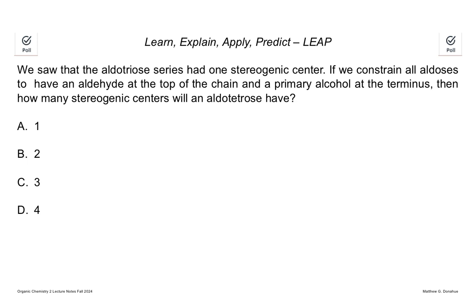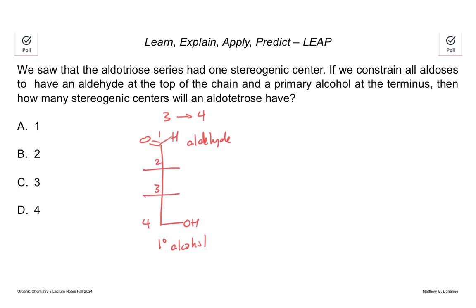And so if we're moving up now from a 3 to a 4 carbon chain, I'm just going to draw the chain like that. The aldehyde is at the top, that's carbon 1. Carbon 4 is the primary alcohol. So now we have 2 carbons in between, and we just draw them with horizontal lines. The question says, how many stereogenic centers will this have?